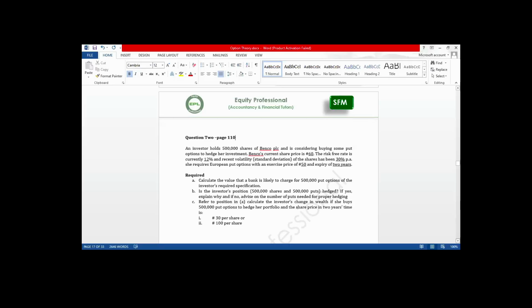Recent volatility, in brackets standard deviation of the shares, has been 30%.